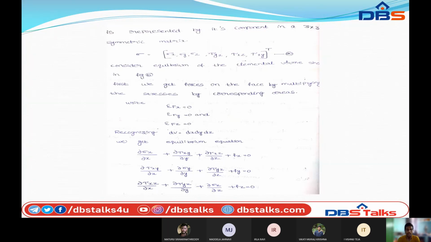Similarly, dou tau xy by dou x plus dou sigma y by dou y plus dou tau yz by dou z plus Fy. It is the vertical component Fy, acting vertically upwards. After that, Fz will act as the depth in the equilibrium body.